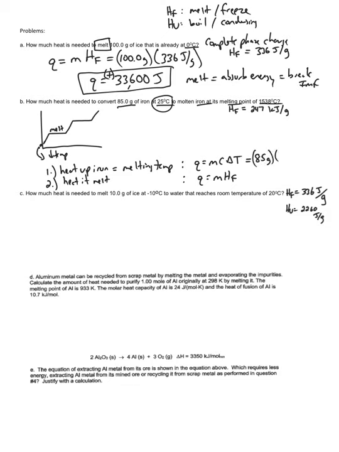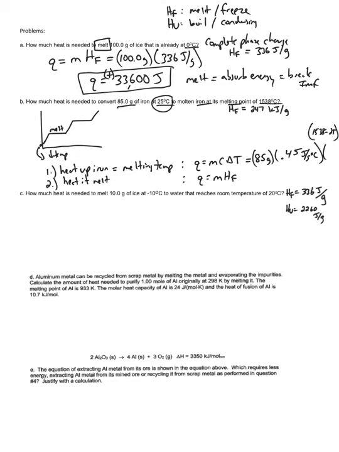The specific heat of iron, if you go back to page 1 of the packet, is 0.45 joules per gram degrees Celsius times the final temperature, which is 1538 minus 25.